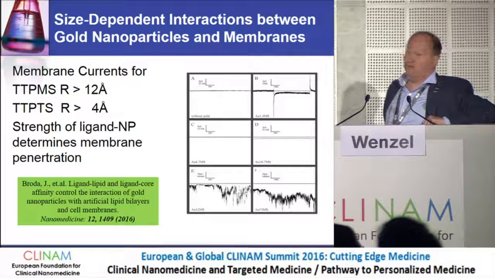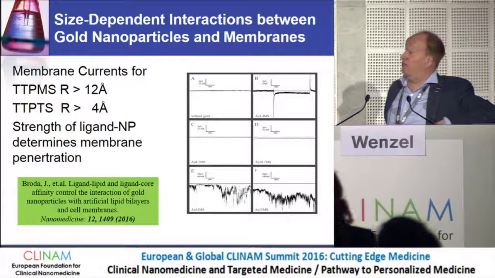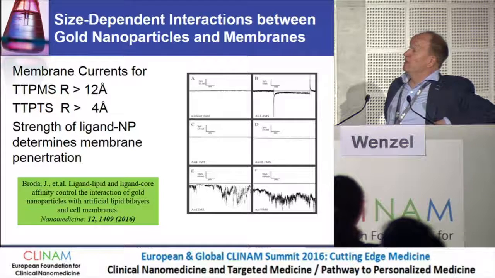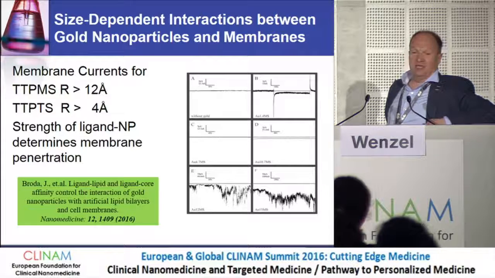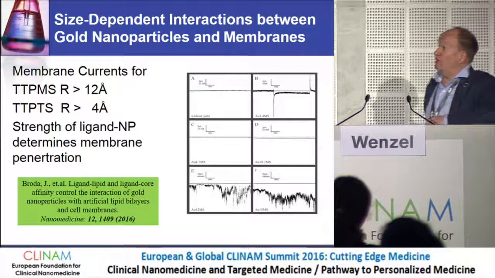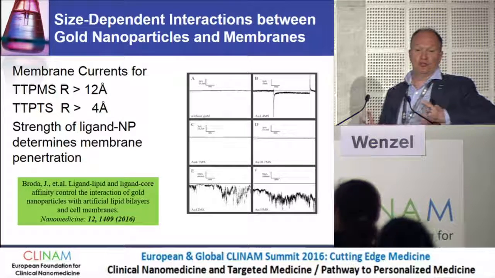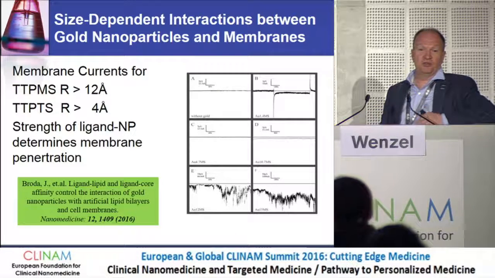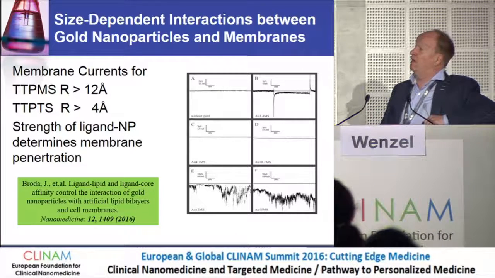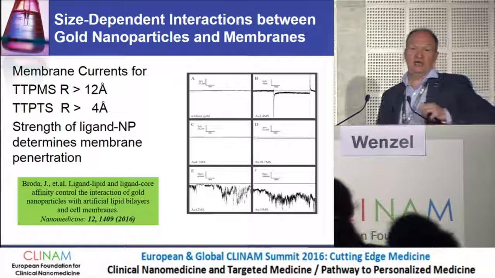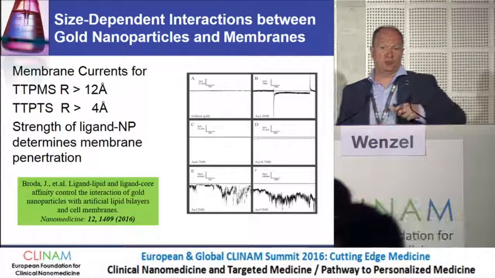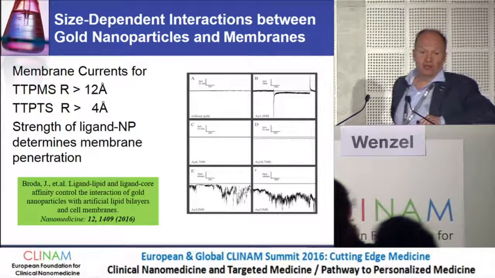And this can again be explained by an analysis of the affinities of the ligand shell to the nanoparticle. For TTP-PS coated nanoparticles, it is much easier to strip the ligand off the nanoparticle, therefore they incorporate into the membrane much more easily. The naked nanoparticle is much more hydrophobic than the ligand-coated nanoparticles.